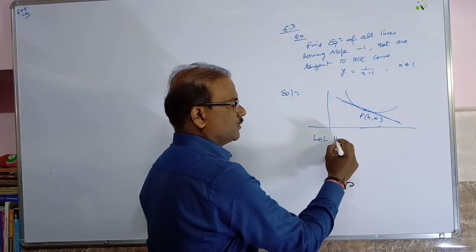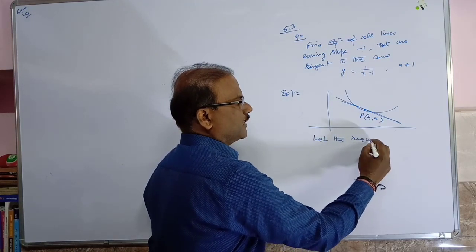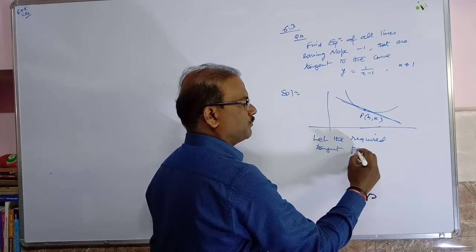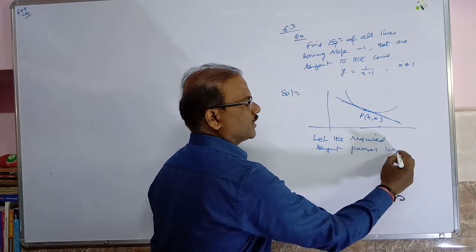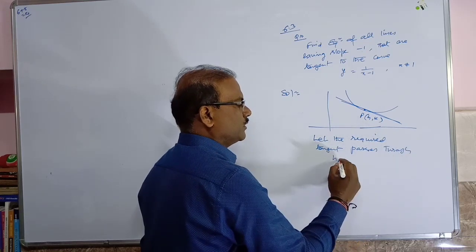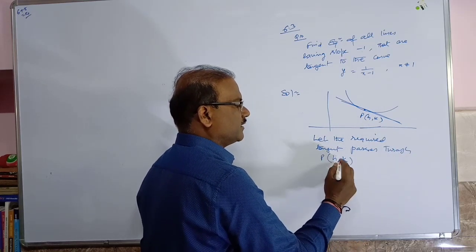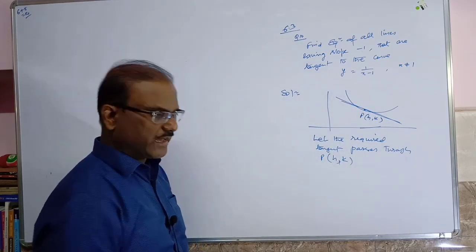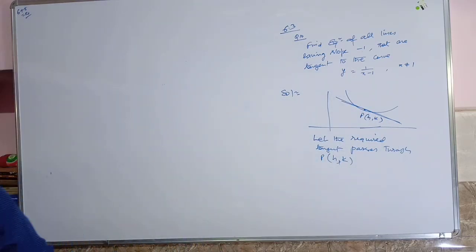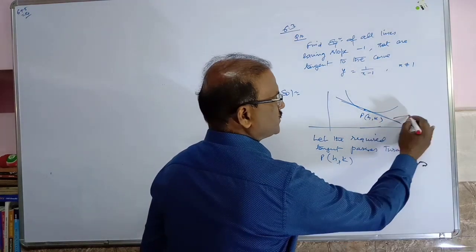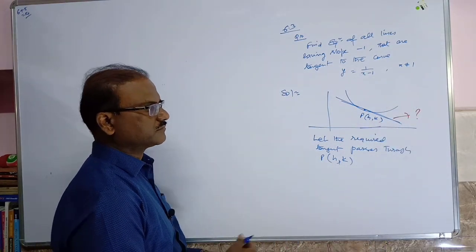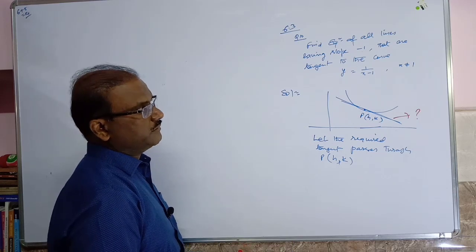Let the required tangent pass through (h, k). हमने कह दिया (h, k) से पास होती है. This you have to find out, the equation of tangent. Let's go on.